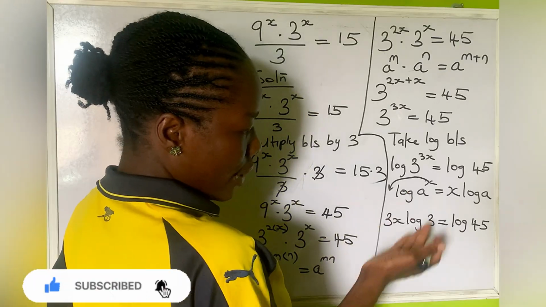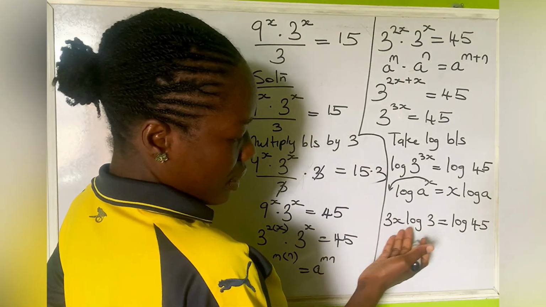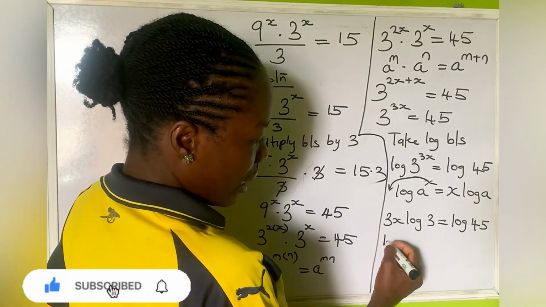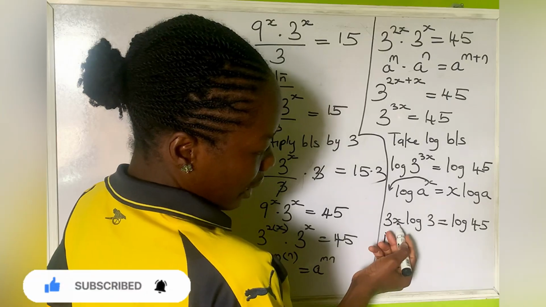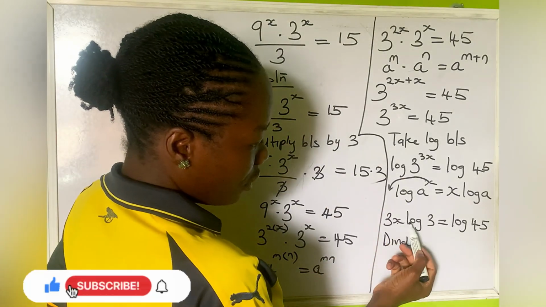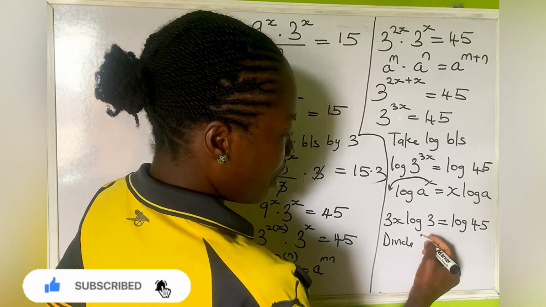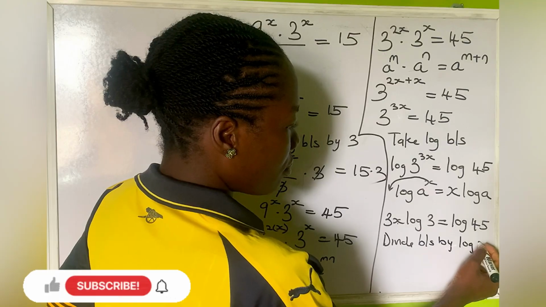Now we are looking for the value of x. So the natural thing to do is to erase this other part by dividing both sides by log 3. We are looking for this value, but x is attached to 3, right? But if you want to look for this, you have to take out this one first. So it's a step-by-step process. So divide both sides by log 3.